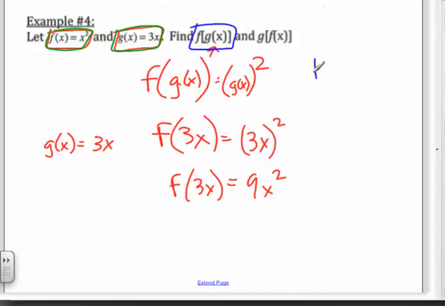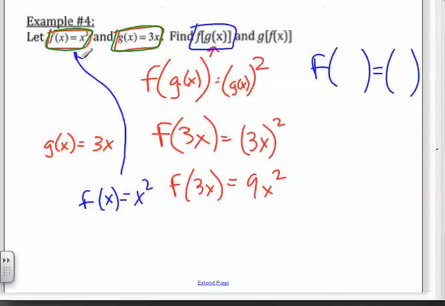So let me ask you something. We know that f of x is equal to x squared, right? Isn't that what it says? But instead of x inside those parentheses, what did they put inside the parentheses? G of x. So f of g of x needs to be g of x squared.